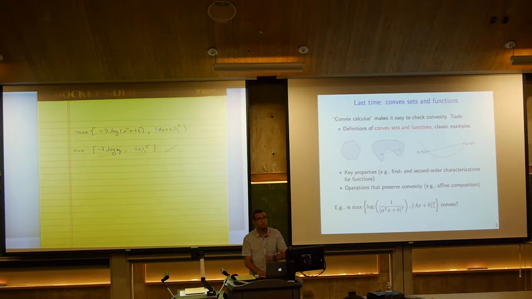That's not valid. The function has to be differentiable, which means that its derivative is defined everywhere on its domain. In fact, it has two derivatives. So when we say a function is twice differentiable, we mean that at every point on its domain, it has two derivatives. So it excludes things like the L1 norm, which doesn't have a derivative at 0, for example. So the second order condition just doesn't apply to things that aren't twice smooth.